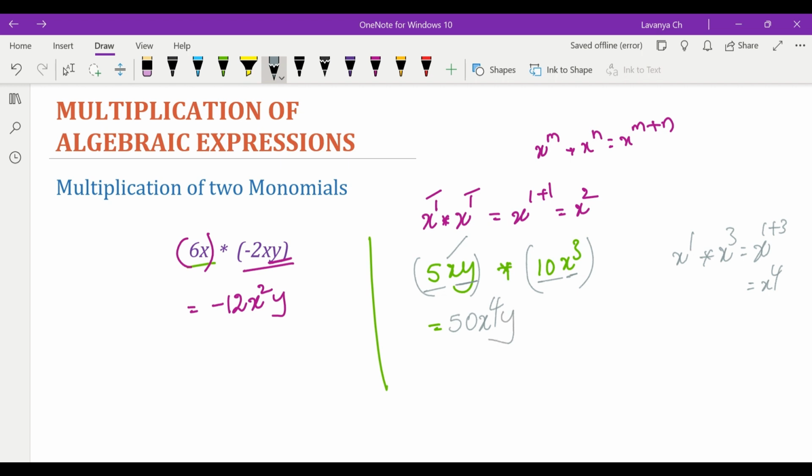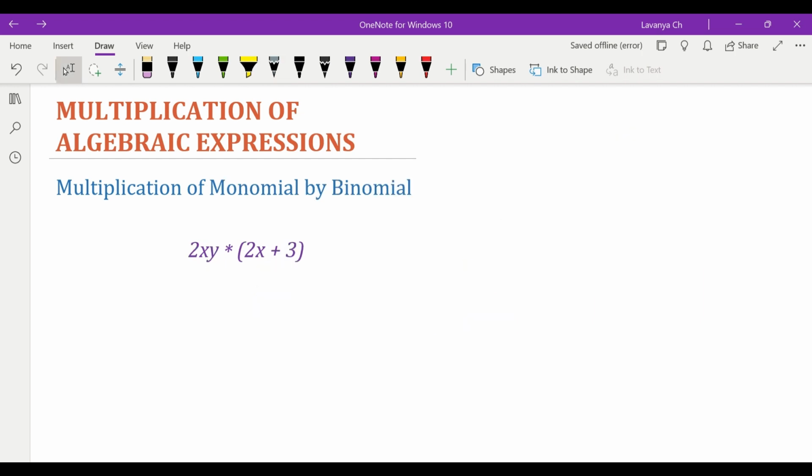Now that we understand how to do multiplication of two monomials, next one is multiplication of a monomial by binomial. Here again we have two polynomials. The first one is a monomial with a single term, whereas a binomial is a polynomial with two terms. The monomial has to be multiplied with each and every term from the binomial.